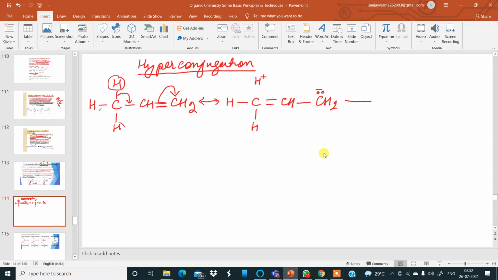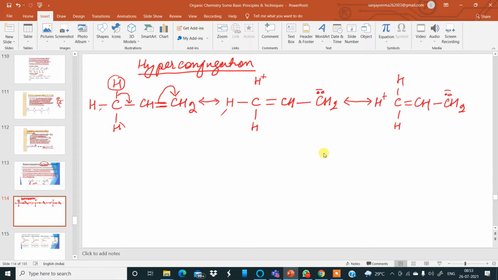Further, you can have another structure for hyperconjugation when this hydrogen is detached. So I can have H plus C, here also H, here also H, double bond, CH, single bond, and then CH2, two electrons and a negative charge.